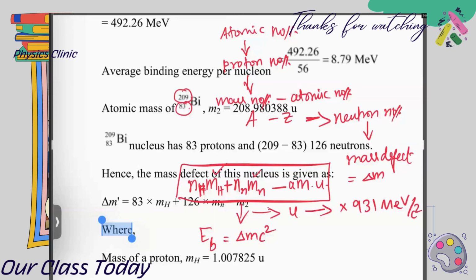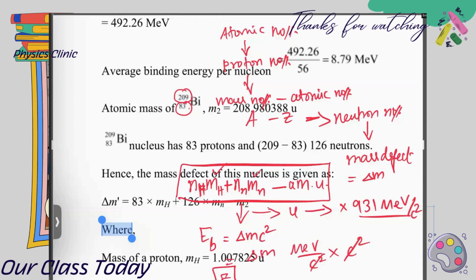Got it? Is it clear? Then for EB, you substitute the delta M value in terms of million electron volt per c square. This c square and this c square get cancelled. No need of substituting the value of the speed of light. So you'll directly get the value of binding energy.